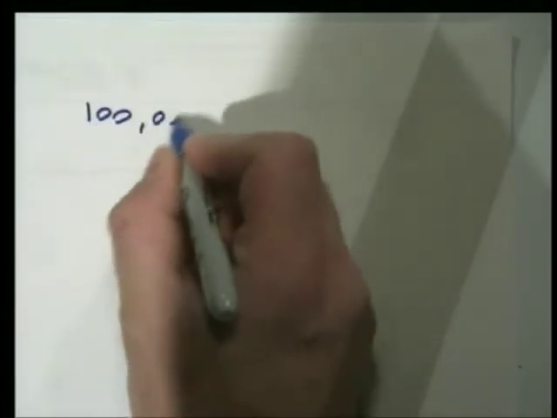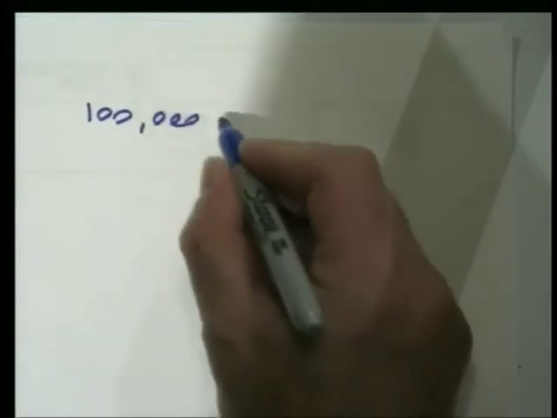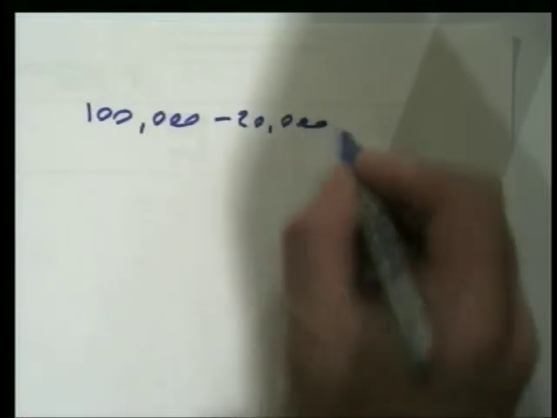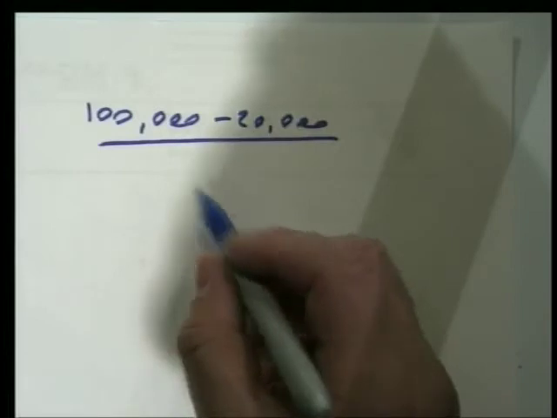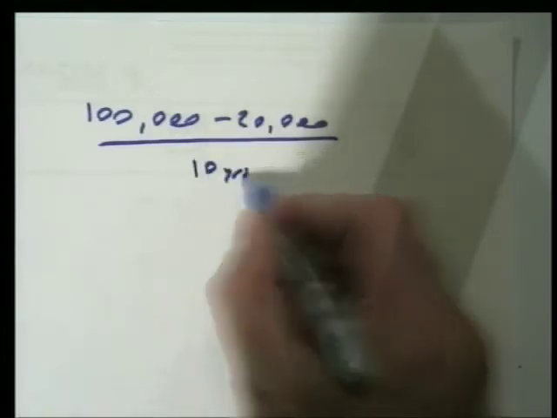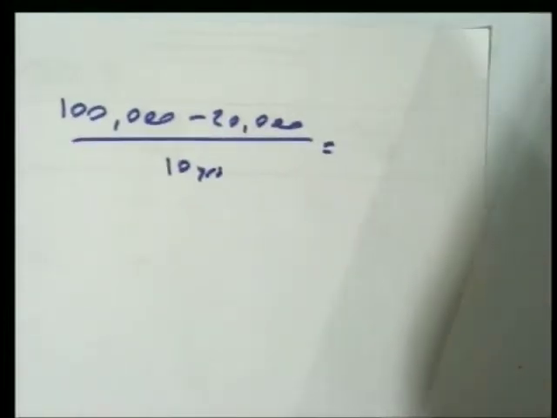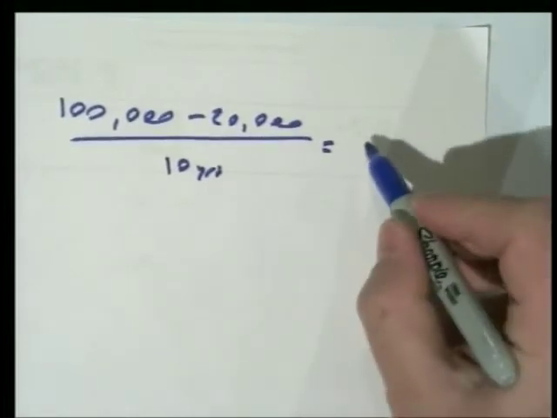What was the cost? It was $100,000. And what was the original salvage value? $20,000? And what was the estimated life? 10 years. Thus, how much did we depreciate it in a full year? $8,000, right?